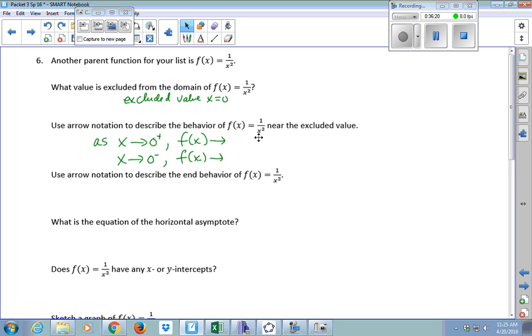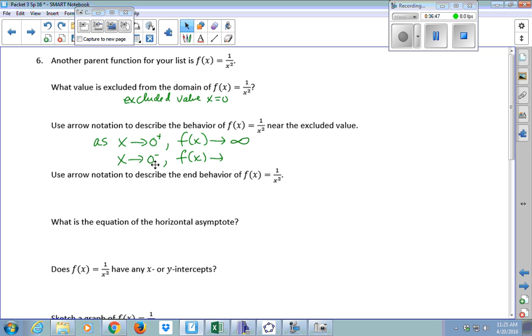So now it's 4, right? Instead of 2, the denominator is getting smaller, which means your reciprocal is getting bigger much faster. So this is still going to grow towards positive infinity. It's just that your values of f of x are going to be bigger a lot sooner as you move in towards your 0.